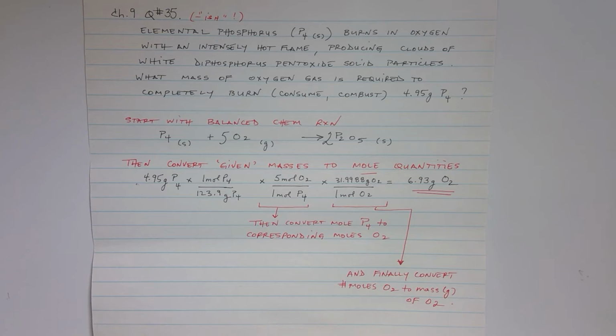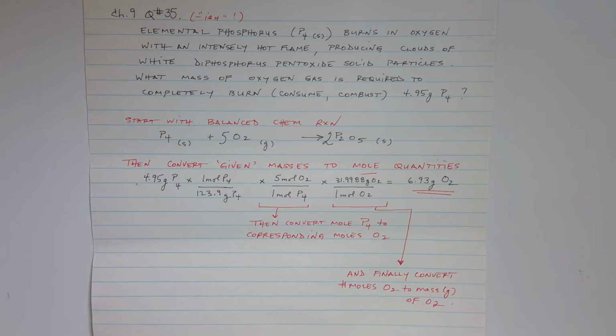The question is only giving you the mass of one of the reactants, and instead of asking you for the mass of product that is formed, and there are very many examples of that kind of question in the text at the end of chapter 9.